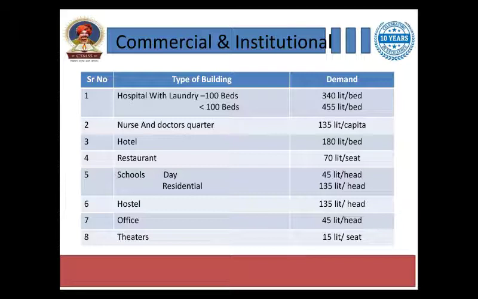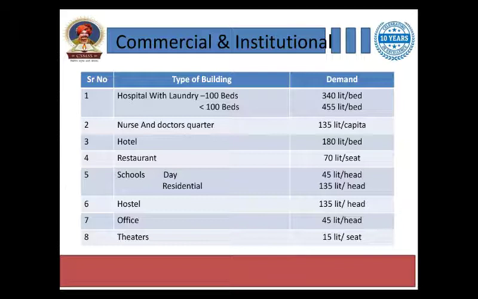If the hospital has more than 100 beds, then it will need 455 liters per bed. For nurses and doctor staff, 135 liters per day per capita. Hotels, 180 liters per bed. Restaurants, 70 liters per seat.